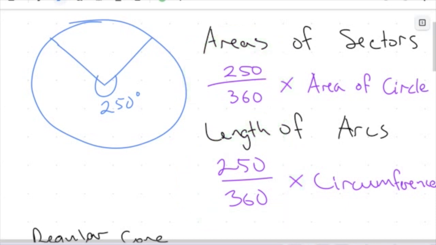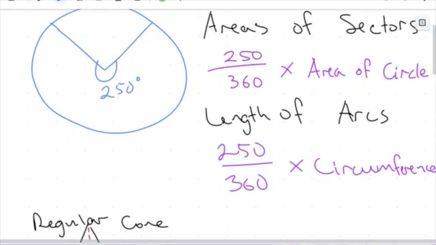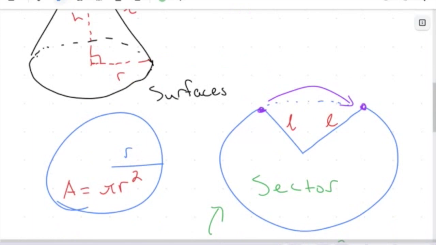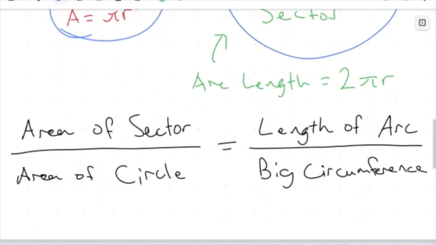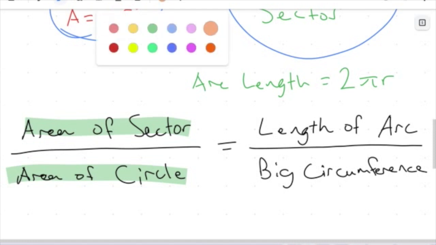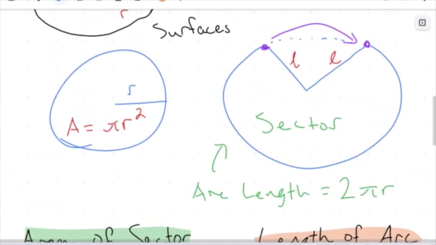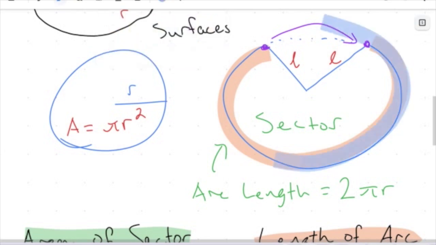So if I were to look at these as ratios, bringing some other knowledge from what we've looked at before, I can say that the area of my sector and how it corresponds to the area of the circle, so if I divided one by the other, it would give me the same thing as if I had the length of my arc and divided it by the big circumference, the arc over the big circumference.